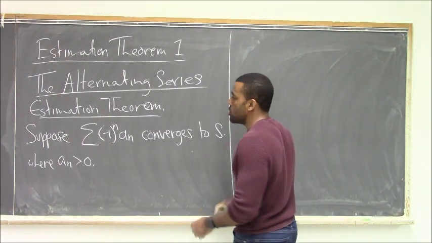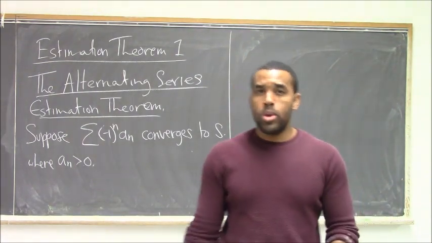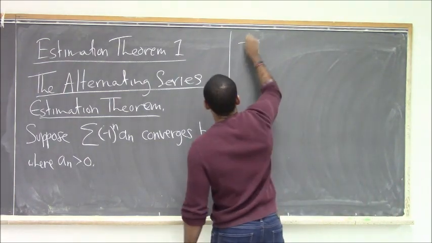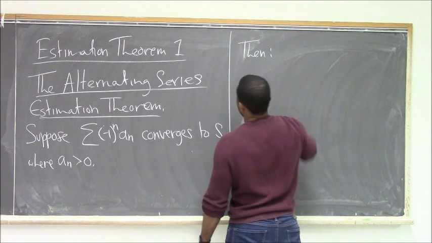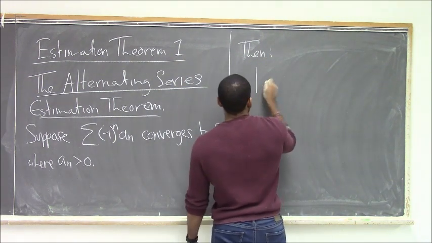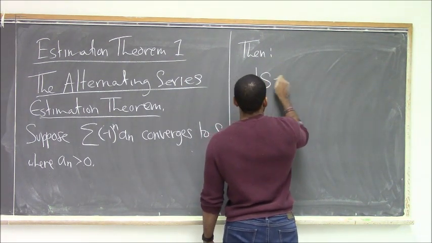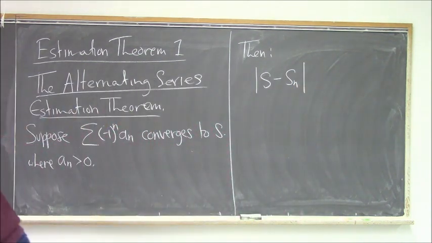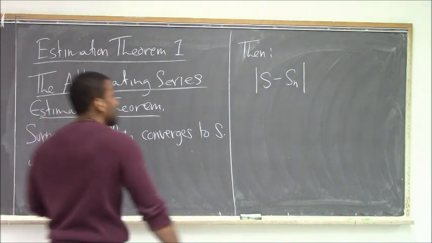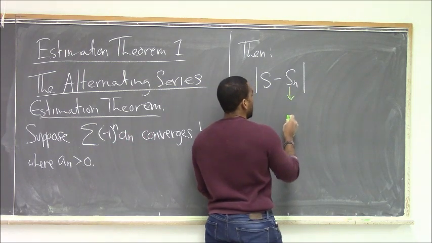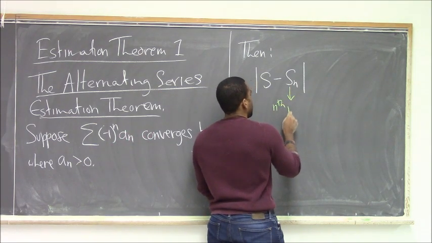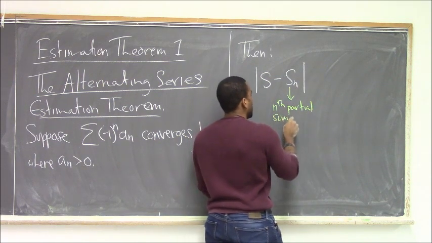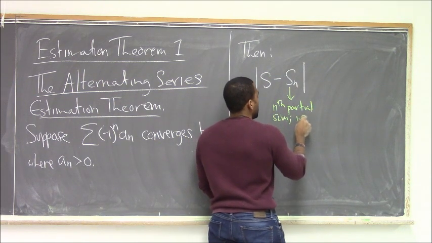However, we do know how to judge how far away we are from S by taking partial sums. Then, it turns out that this distance, S minus S_n, in absolute value. So if I want to find what is the difference between the nth partial sum, i.e.